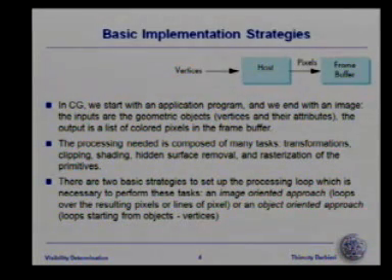The other approach for creating the main loop of your rendering engine is the object-oriented approach. In this approach, you do not need the frame buffer beforehand, because you don't loop over the pixels, but you loop over the vertices. You know that you have so many vertices in your model organized in a data structure.